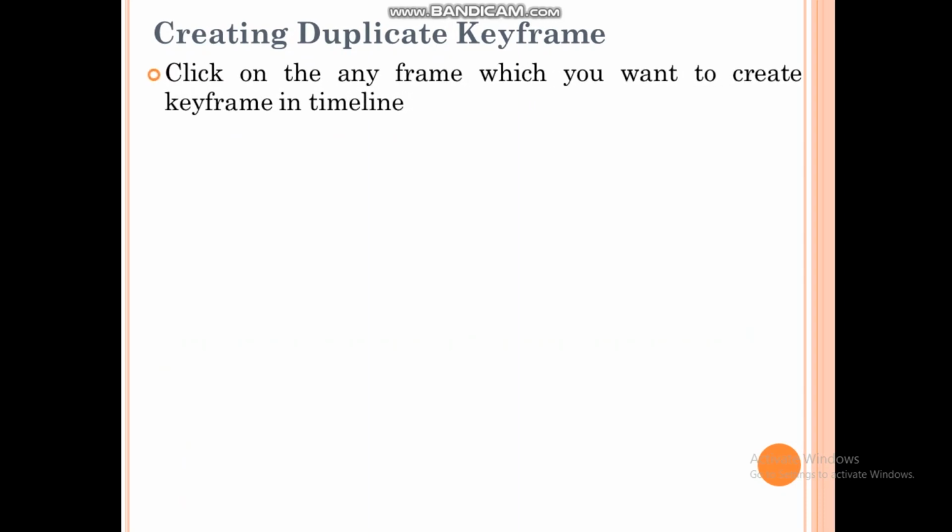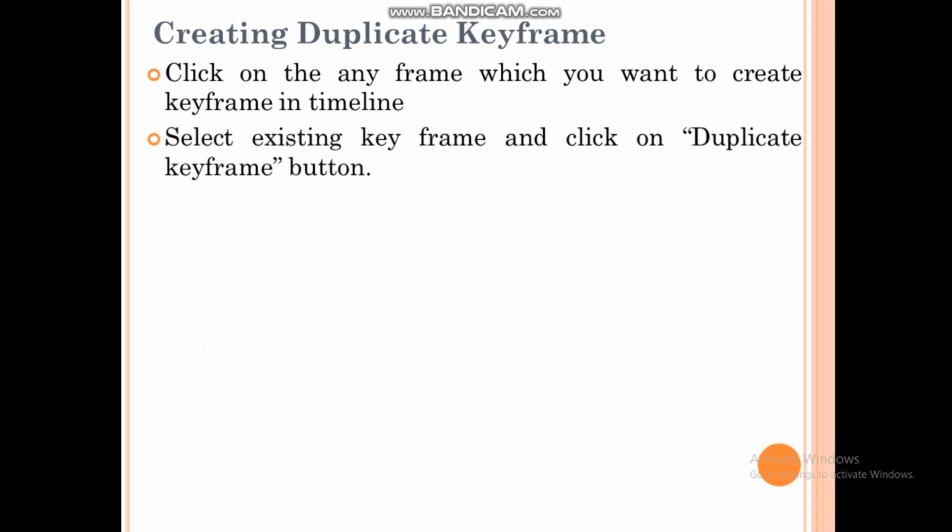Now if you want to create a duplicate keyframe, meaning from the keyframe you have created you need to create another keyframe, click on any keyframe in the timeline, then select the existing keyframe and click on the duplicate keyframe button.